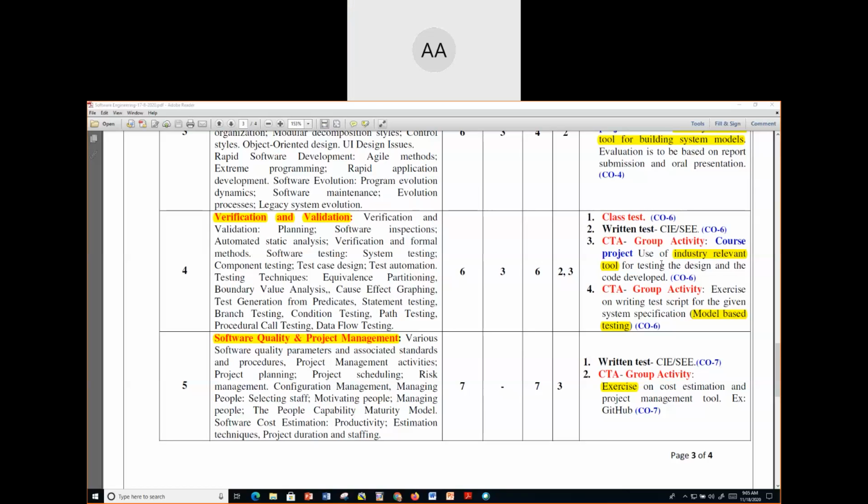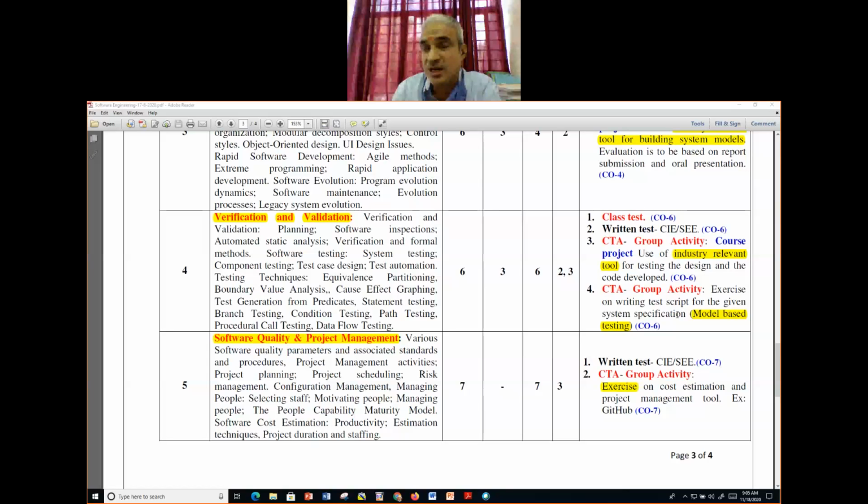Arpita? Yes, sir. Right. And the other one is model-based testing. We are given state diagram based testing, and you need to do that one. That will give you hands-on experience on whatever theoretical stuff that we are talking about in this particular unit.